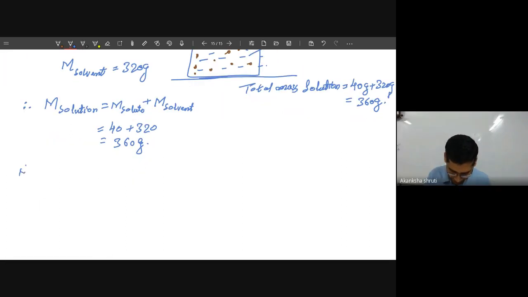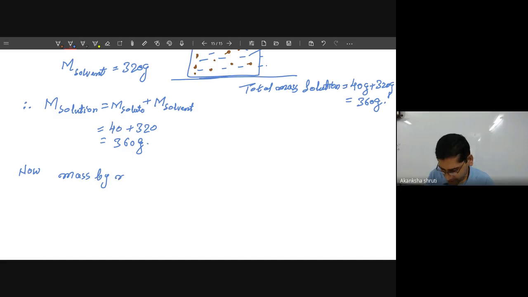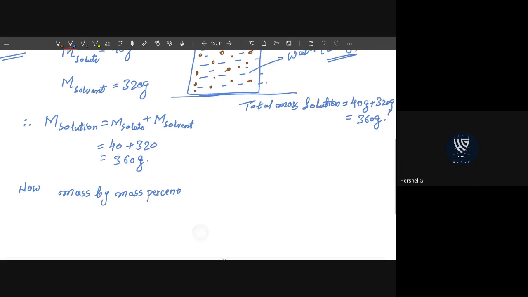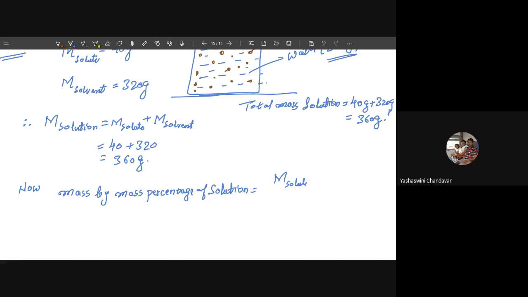Now, what is required? Mass percentage of the solution. Mass percentage of solution that we want to calculate is the mass of solute divided by mass of solution, into 100.